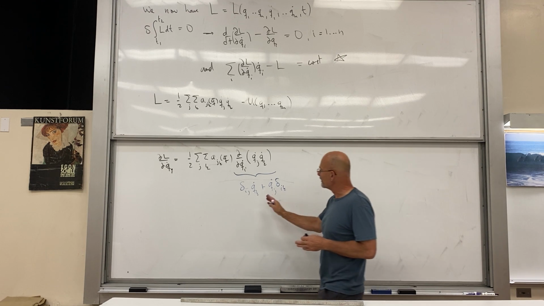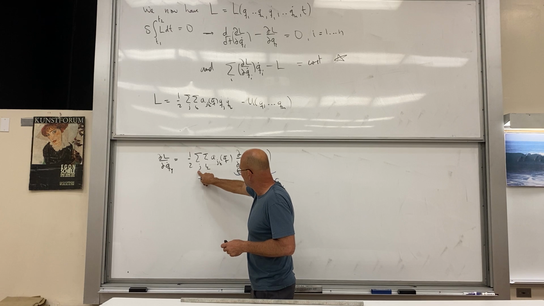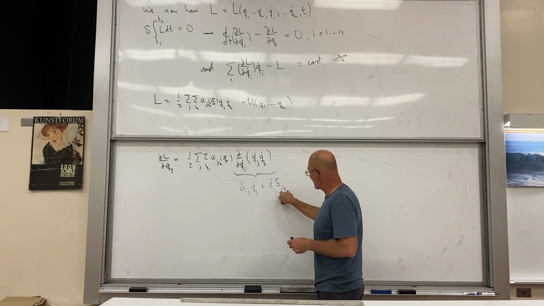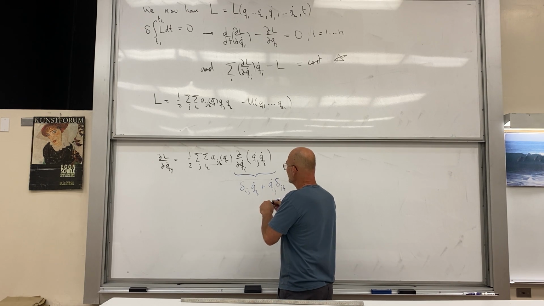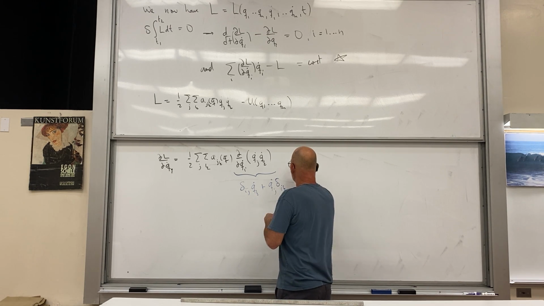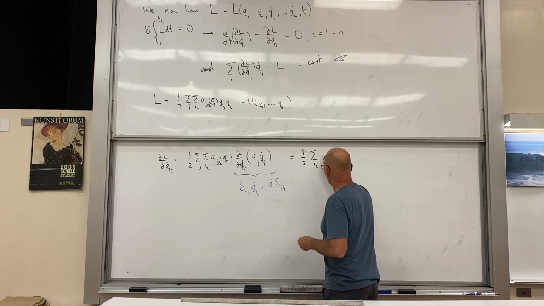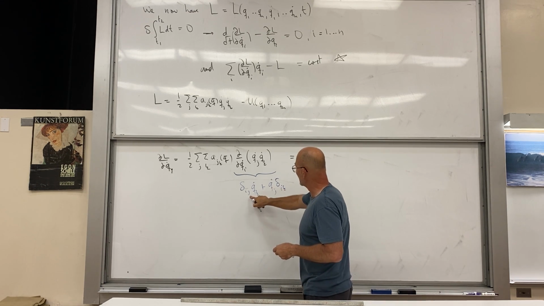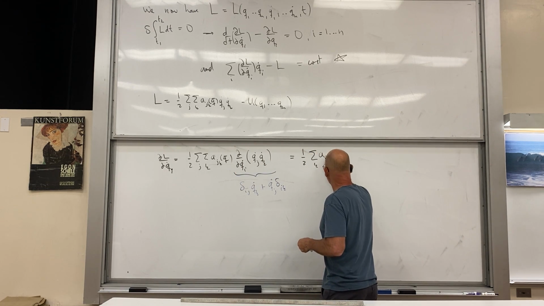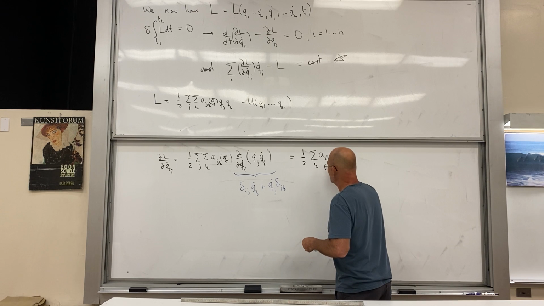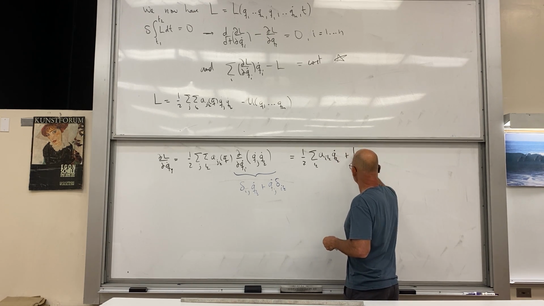So when you do the delta ij, you're getting rid of the j sum. When you do the delta ik, you're getting rid of the k sum. And so what we have here is 1/2 sum over k, a sub, now you replace j with i, so a_ik q_k dot, and you do it again.